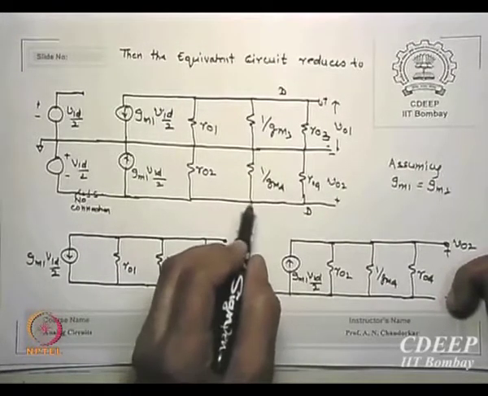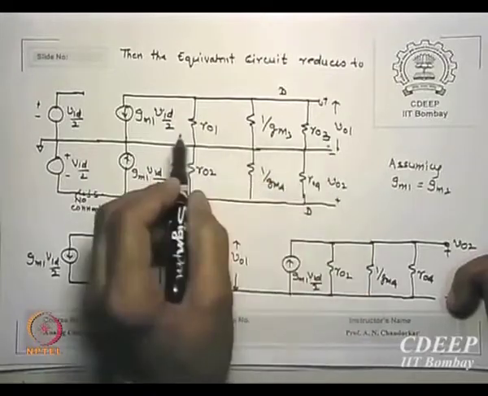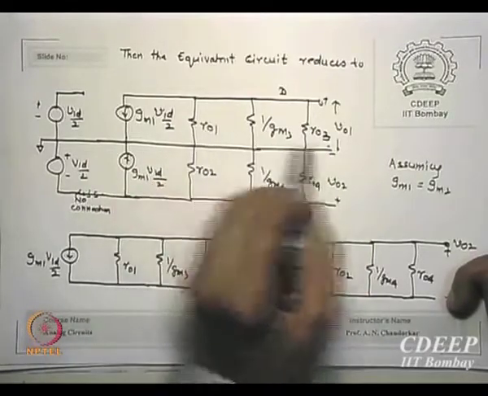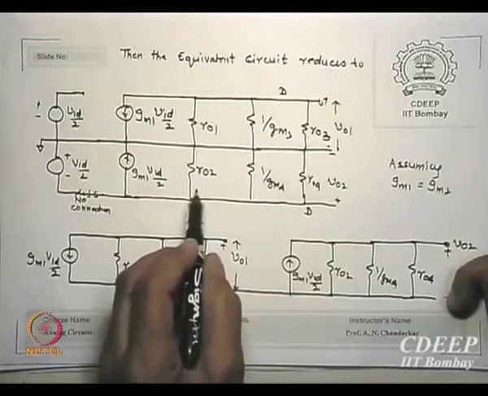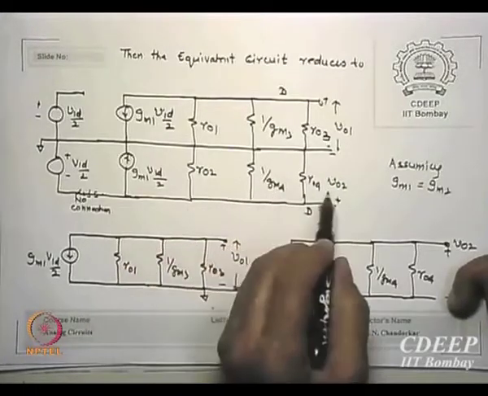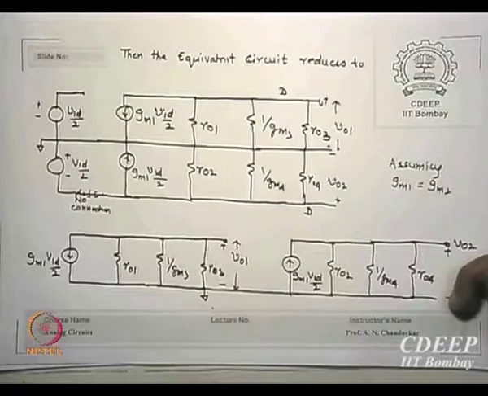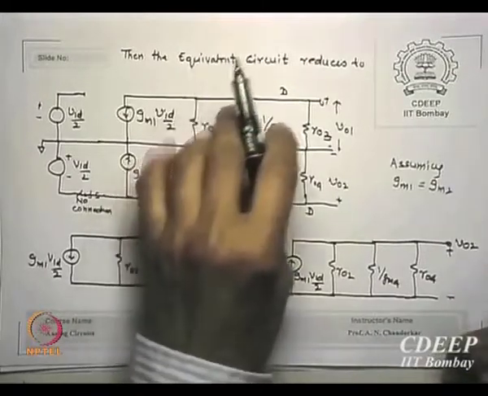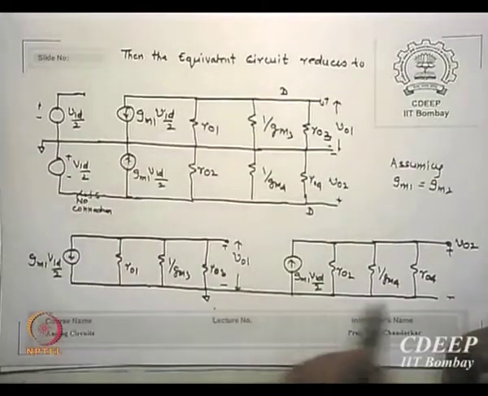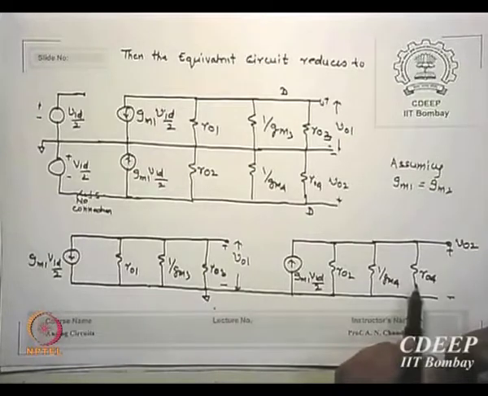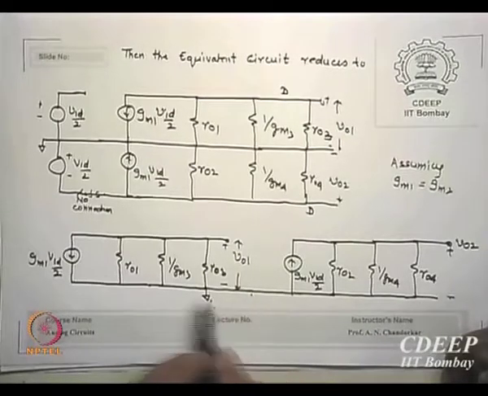Now if that is so, this is a parallel combination of RO1, 1 upon GM3, and RO3. This is a parallel combination of RO2, parallel 1 upon GM4, parallel RO4. So the same thing I just want to show: these two circuits can be shown independently, because this is the source which is grounded.